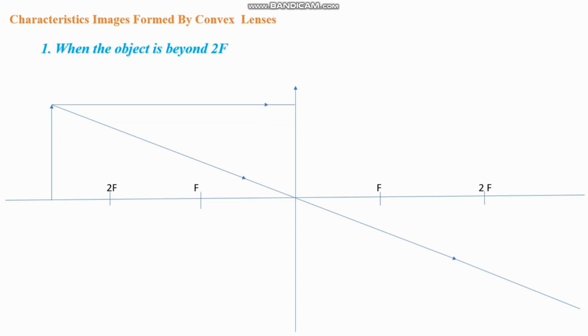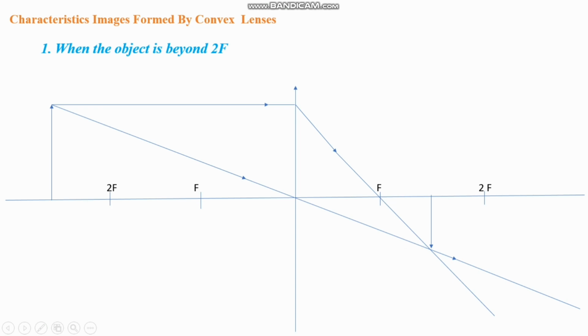When it reaches the optical axis, it is refracted through the principal focus. Where these two rays meet is the tip of the image. So we have an image like that. As you can see, the image is upside down.